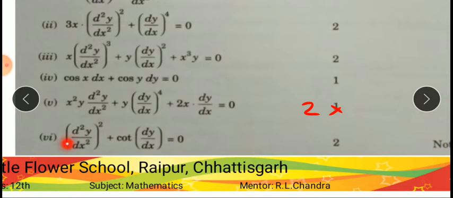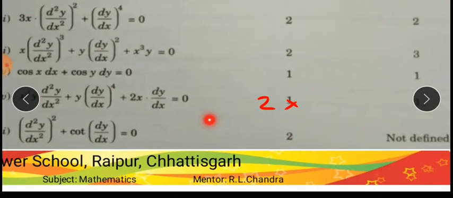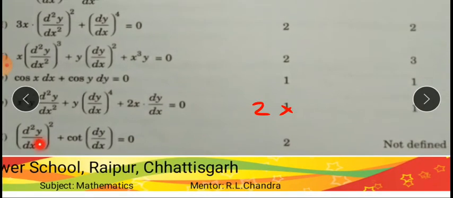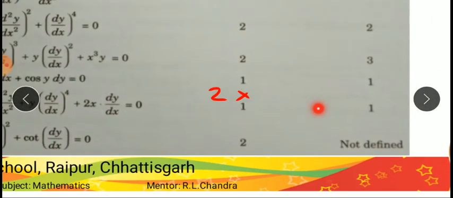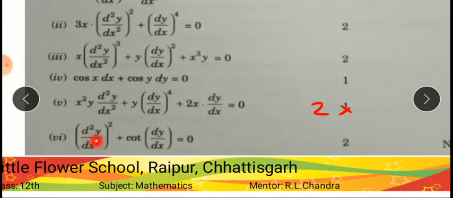Here d2y by dx2 means its order is 2. But this is not a polynomial. That's why its degree is not defined. Remember it. This differential equation is not a polynomial, means its degree is not defined due to this term.